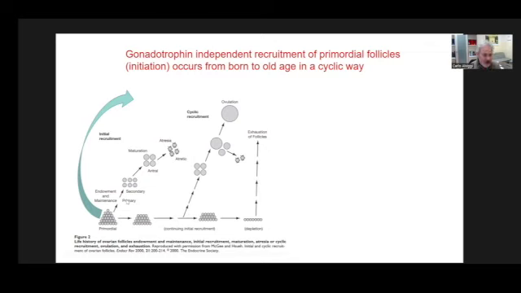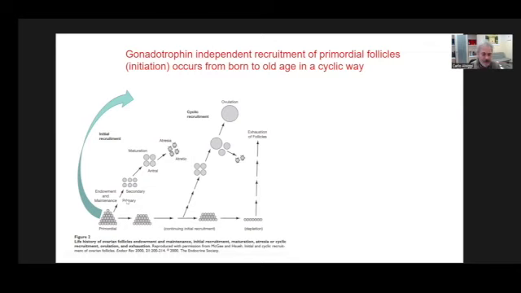And from this moment starts the governance of gonadotropins in the following steps. So once a package, a wave of primordial follicles becomes a primary follicle wave, from this moment in 90, 100, 120 days, these follicles will go to atresia, with the only exception of the dominant follicle.